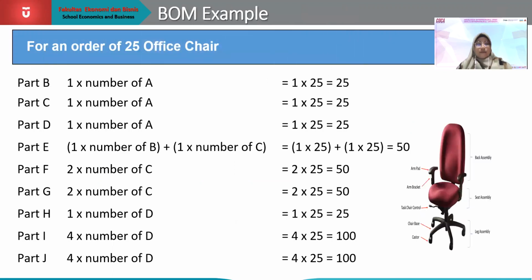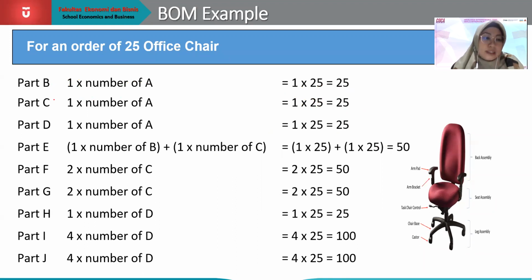For making 25 office chairs, this is the list of components, the summary of your total components. For part B, because for making one chair, one A, you need one part B, in the end you will need 1 times the number of A. If you need 25 component A, you need 25 component B, because 1 times 25 becomes 25.